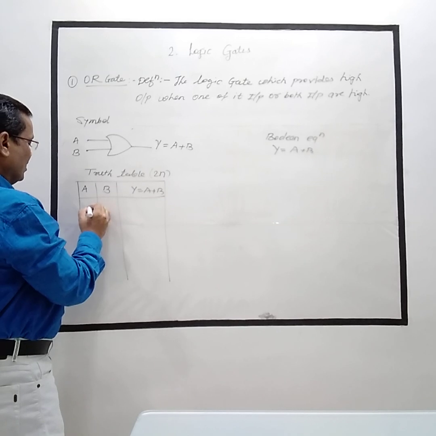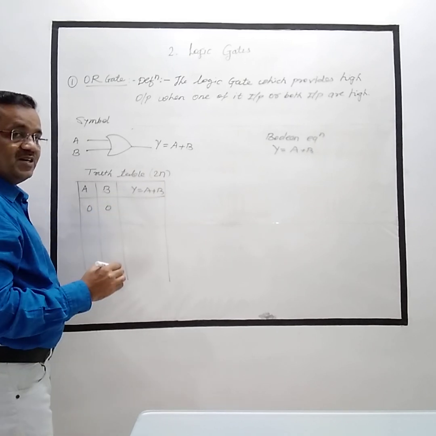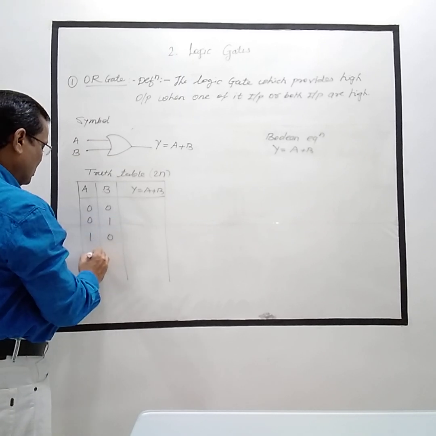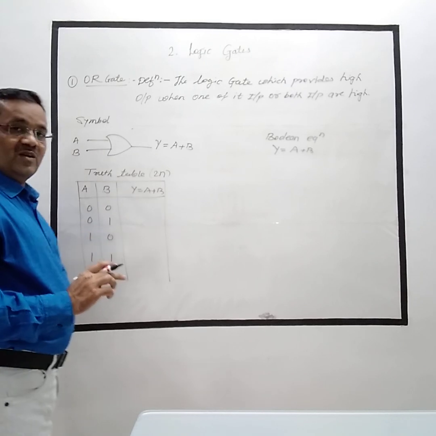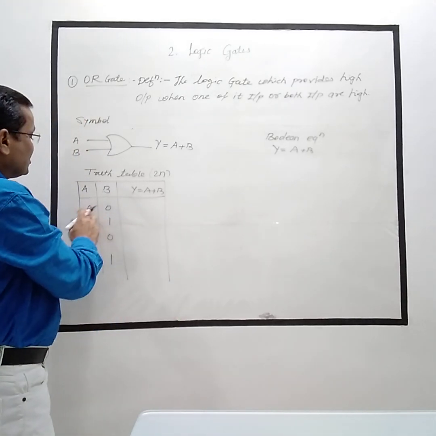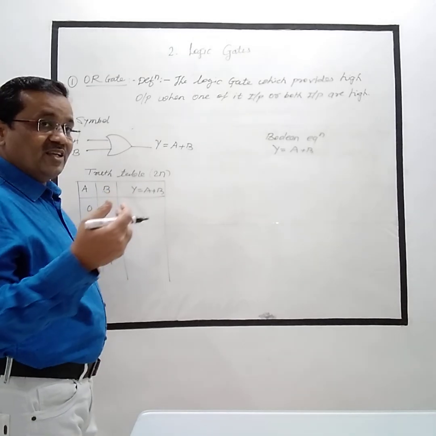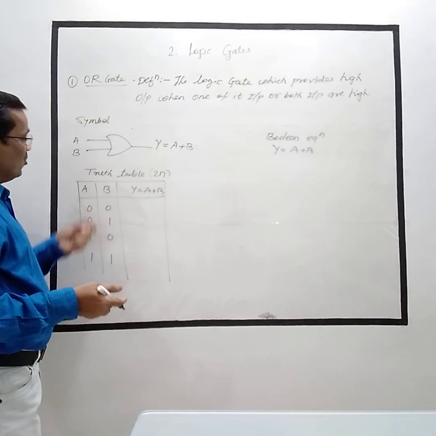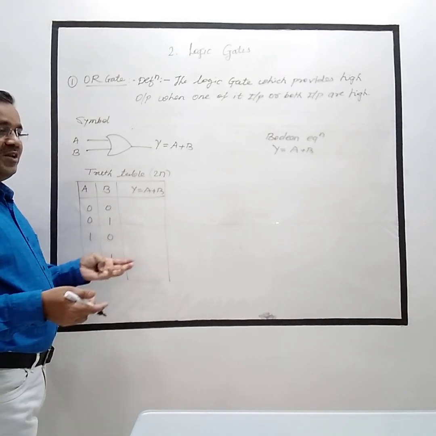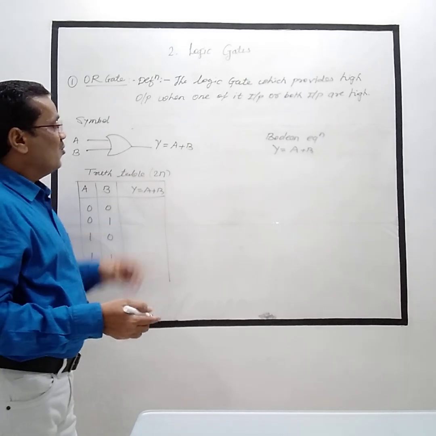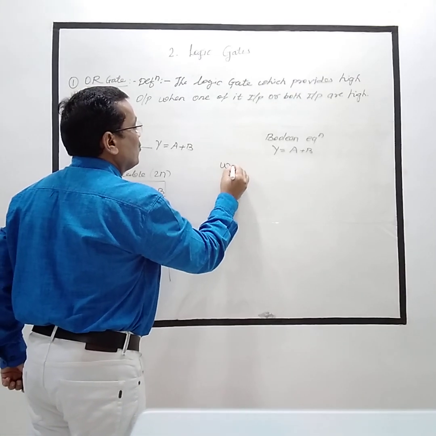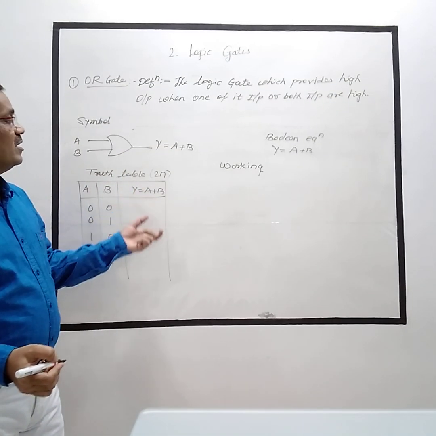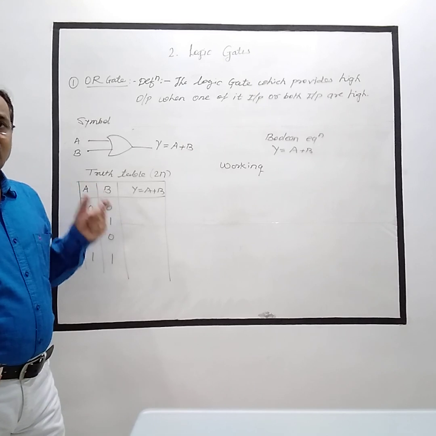So 0, 0, this is the first condition. 0, 1, 1, 0 and 1, 1. These are the four possible combinations. For these input combinations, what is the output that is to be produced by this OR gate? Now we discuss these four combinations for the output, in working, how this OR gate works for different input combinations.